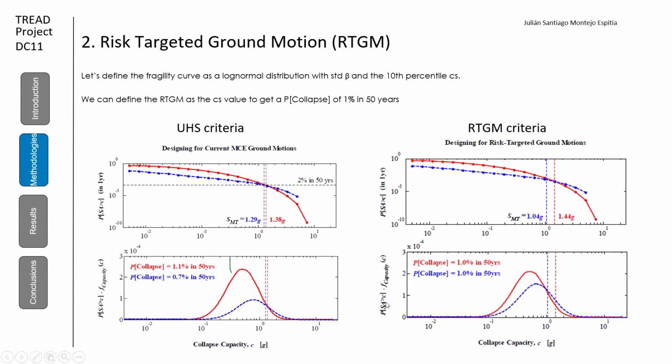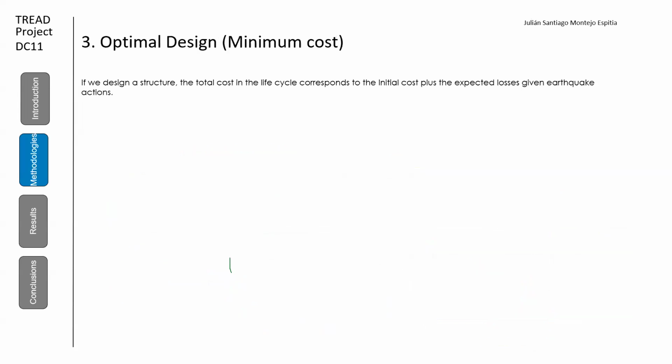And on the right side, we can see how, by selecting different points in the two hazard curves, now the risk is very similar. It's 1% in both curves. There are other details, maybe not enough time to explain them, but the idea is that the criteria is changing from a hazard criteria to a risk criteria, defining a fixed probability of collapse.